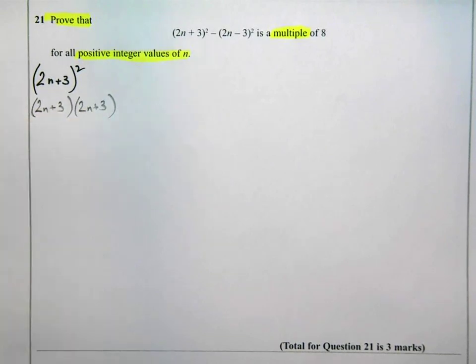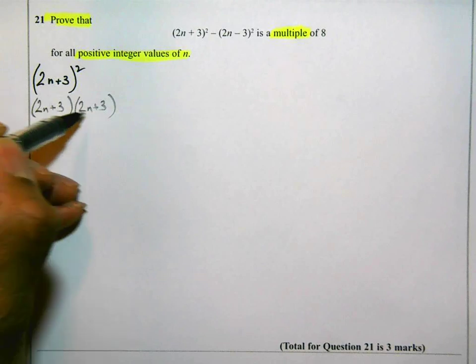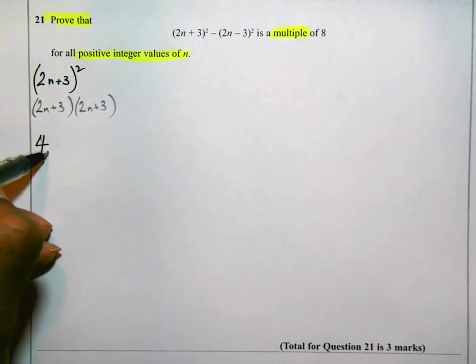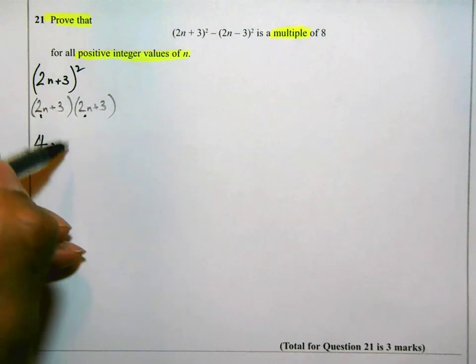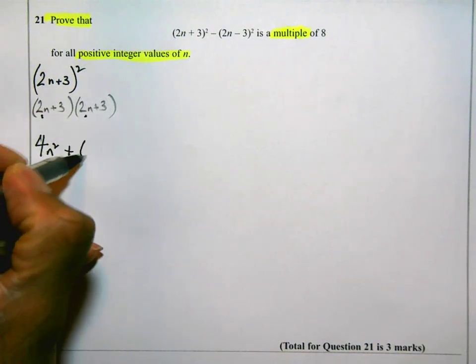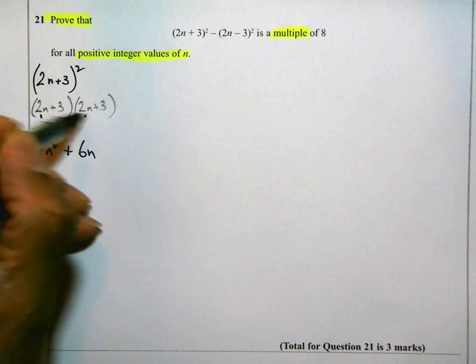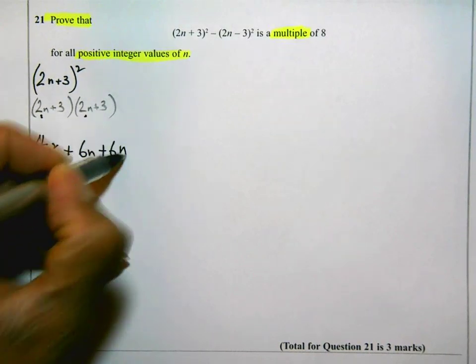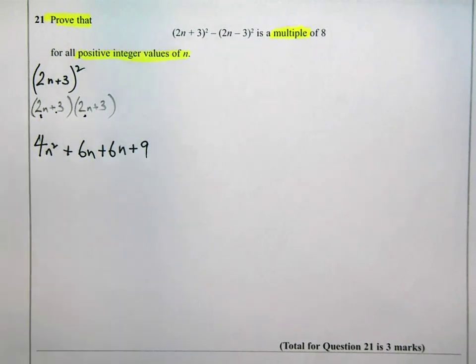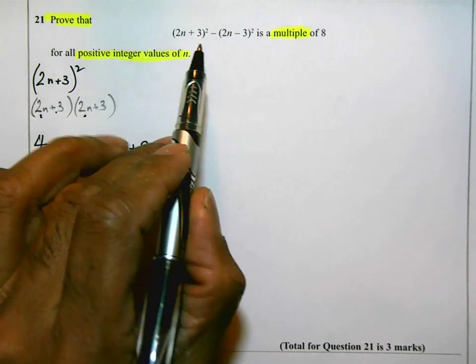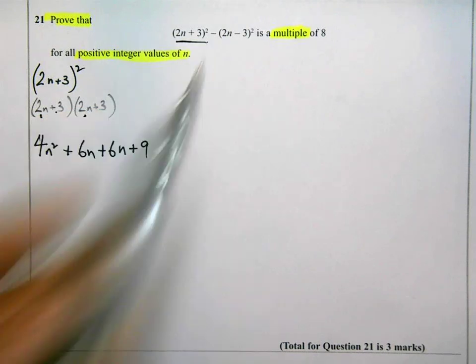Now 2n times 2n is 4n squared, and 2n times 3 is plus 6n. 3 times 2n is plus 6n, and 3 times 3 is 9.